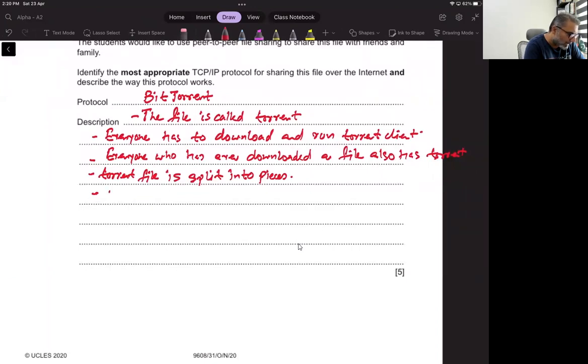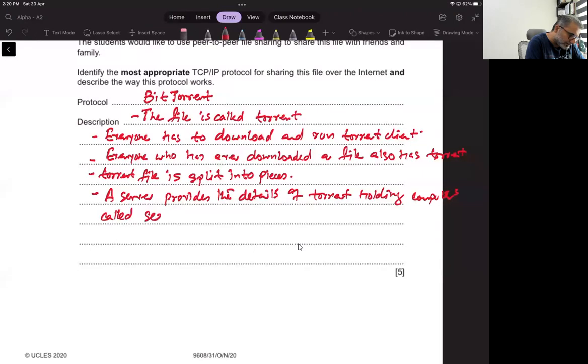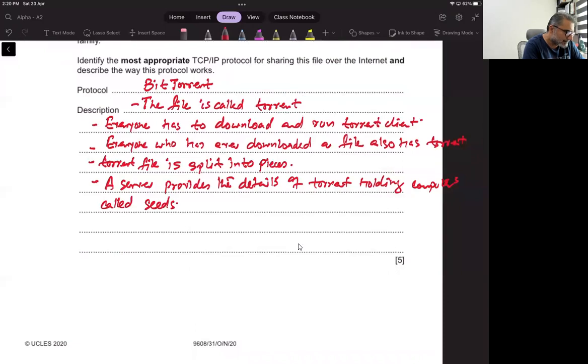A server provides the details of torrent holding computers called seeds.